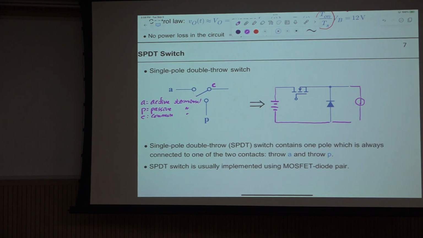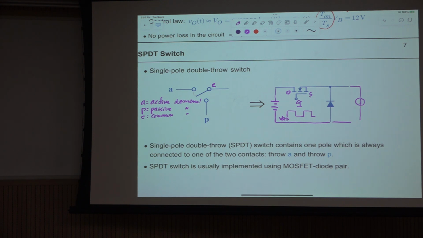And this is the gate, source, drain of the MOSFET, and VGS is the voltage across gate and source. This one is the gate drive signal.